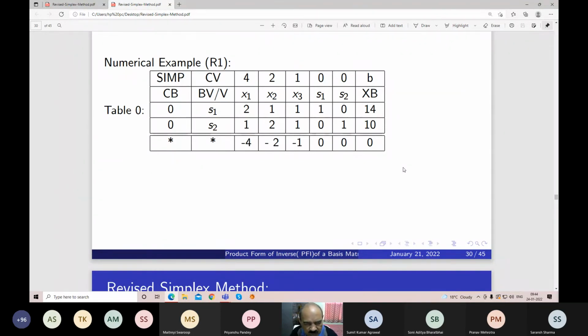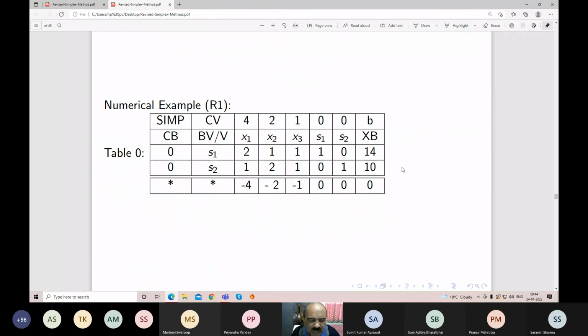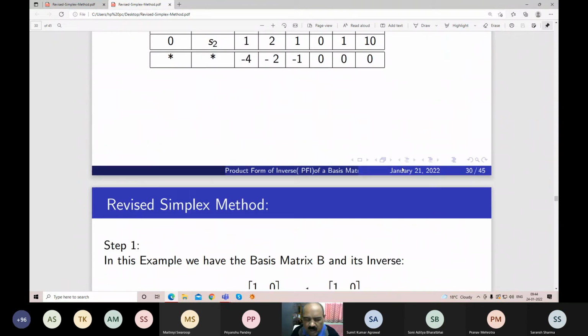If surplus variables and artificial variables are there, then you have to use the big M method for the revised simplex method, not two phase. Since big M, as you know, is somewhat lengthy, I have made it simple, so only slack variables are introduced.